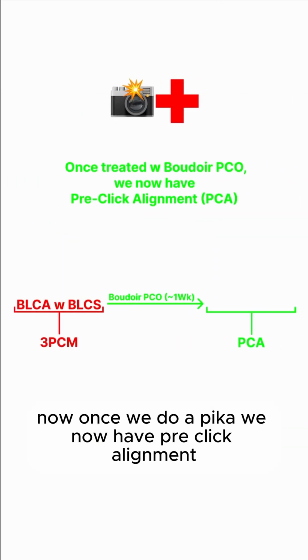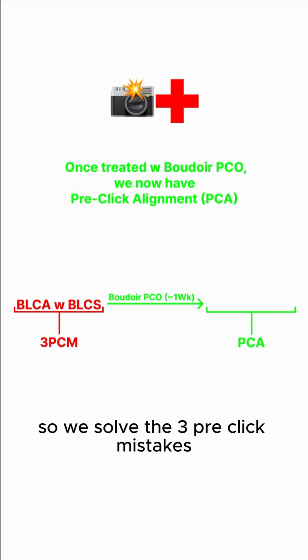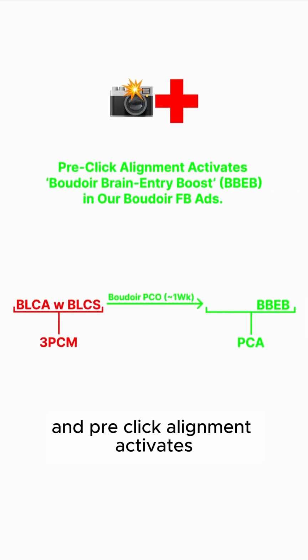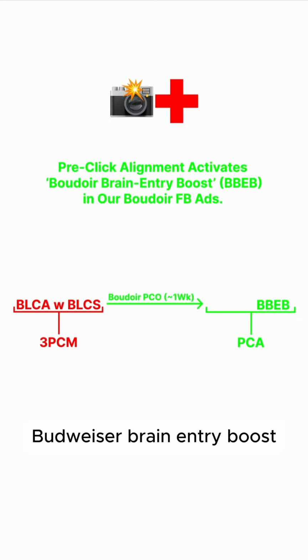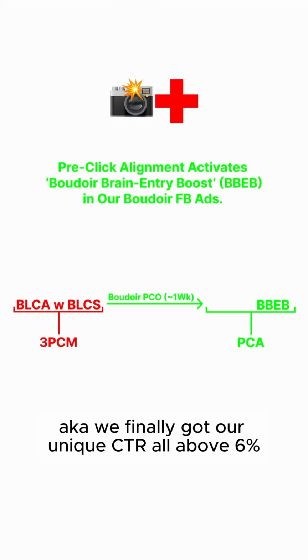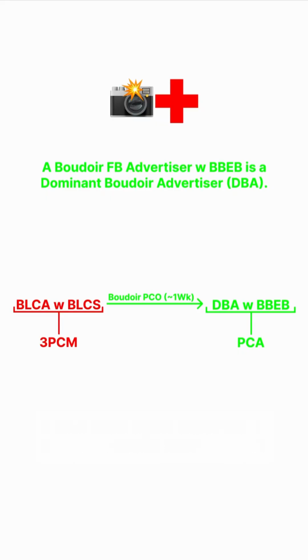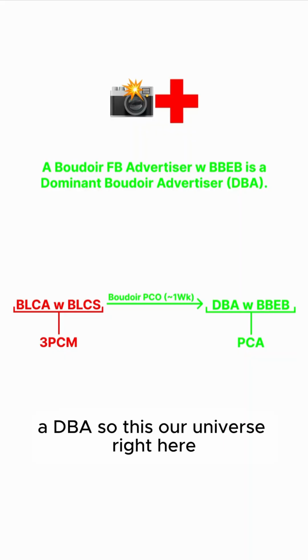Now, once treated with Boudoir Pico, we have pre-click alignment. So we solve the 3 pre-click mistakes, we achieve pre-click alignment. And pre-click alignment activates Boudoir Brain Entry Boost in our Boudoir Facebook ads, aka we finally got our unique CTR all above 6%. And a Boudoir Facebook advertiser with Boudoir Brain Entry Boost is a dominant Boudoir advertiser, a DBA.